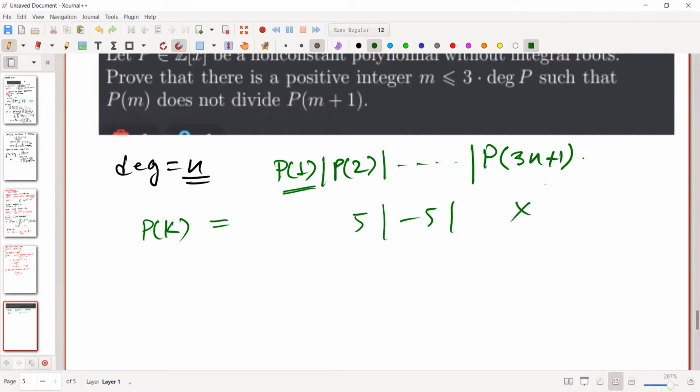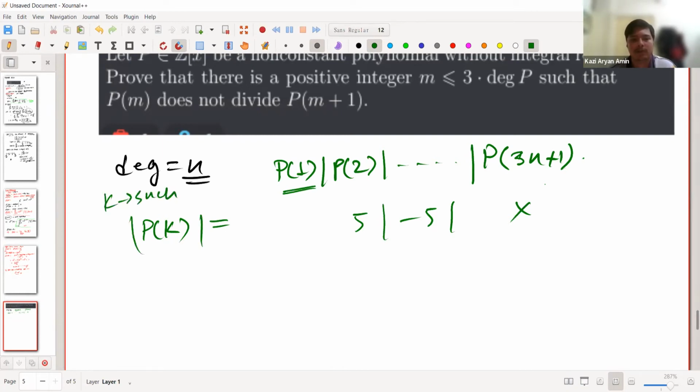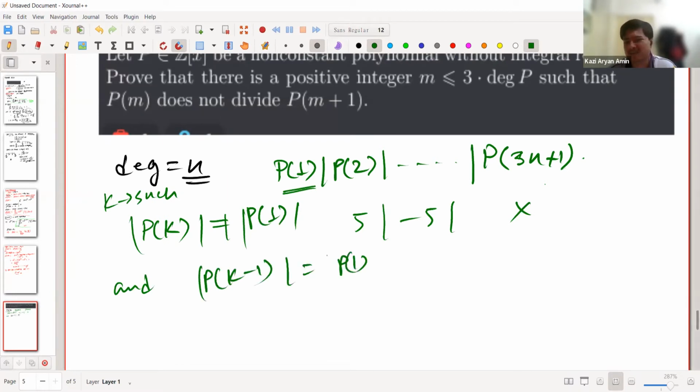Yeah. Okay. Does anyone have a question? Okay, I'll just proceed. Suppose k is such that P(k) is not congruent to P(1), and P(k-1) is congruent to P(1).